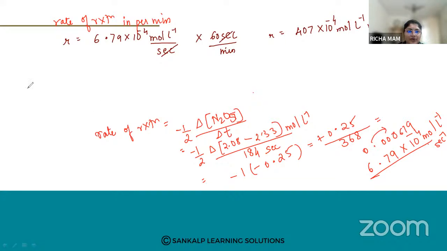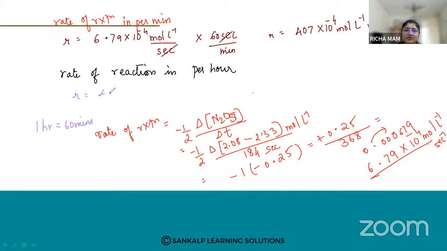Now what do we have to find? Now we have to find rate of reaction in per hour. Let us find this now. So we know that 1 hour is equal to 60 minutes.